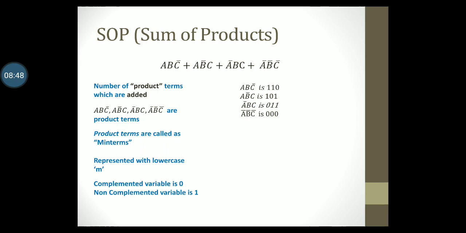Minterm A bar B C is 0 1 1 and Minterm A bar B bar C bar is 0 0 0. In terms of lowercase m, it can be represented using decimal numbers for the equivalent binary Minterms as m0, m3, m5 and m6.